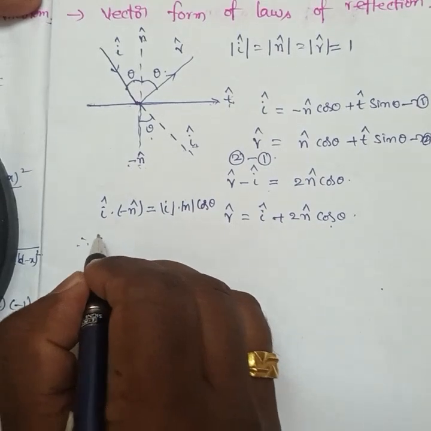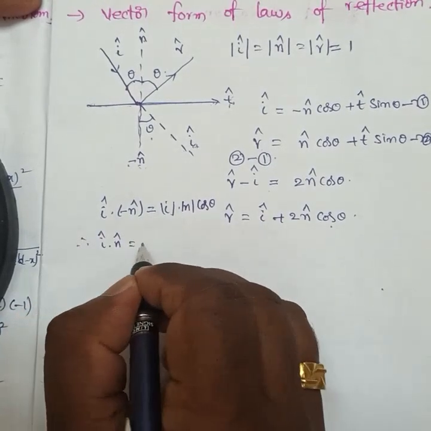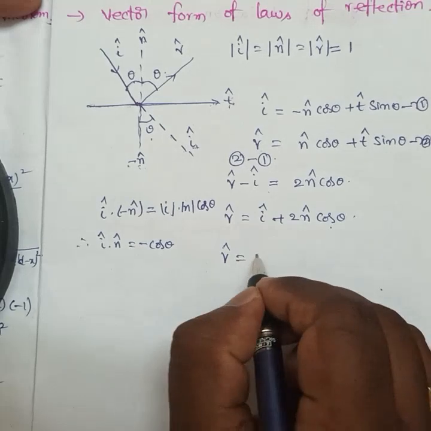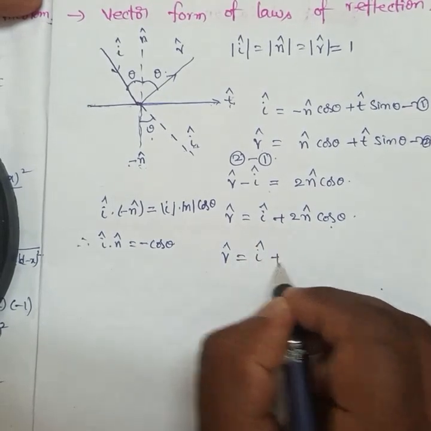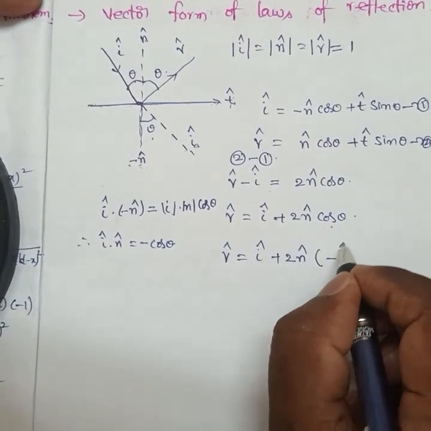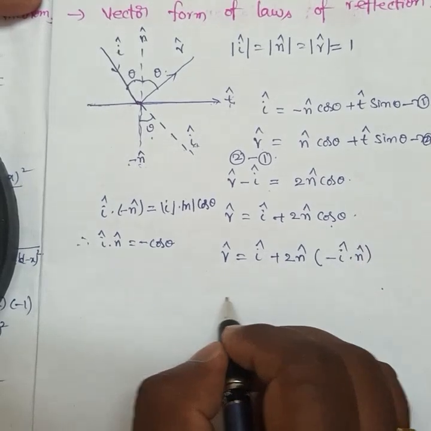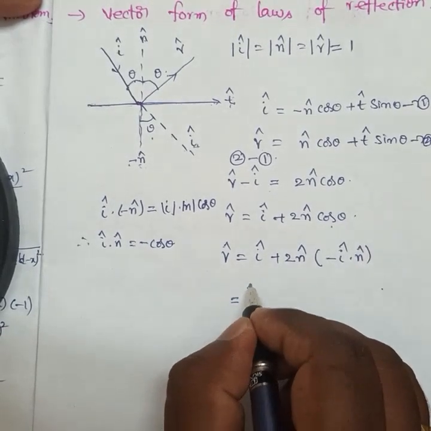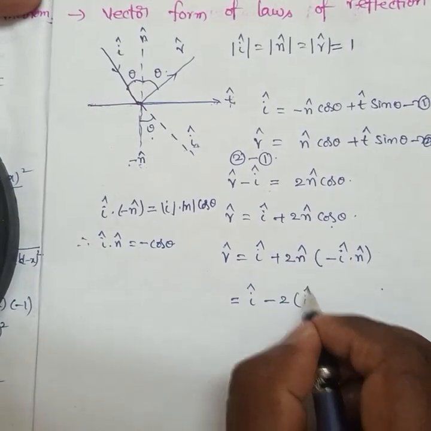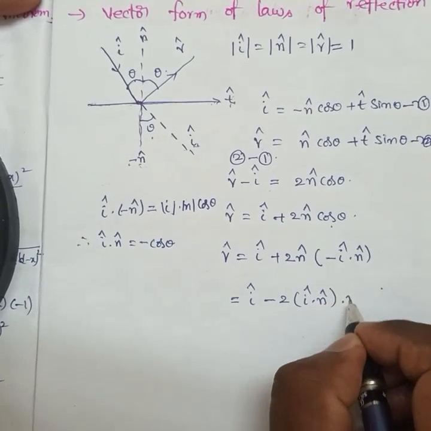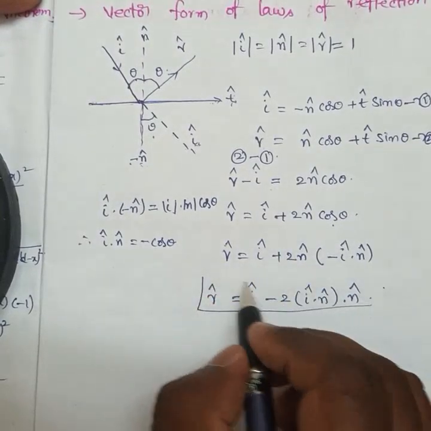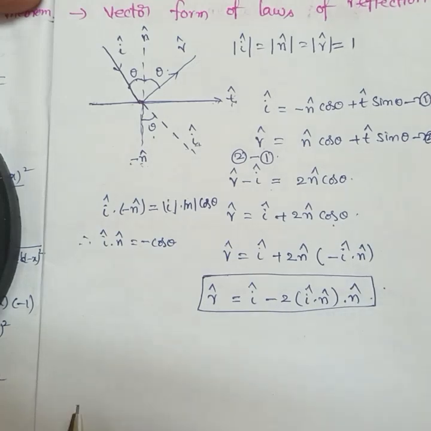Therefore I cap dot n cap equals minus cos theta, and substituting over here, r cap equals I cap plus 2 n cap times minus I cap dot n cap. So the final answer is r cap equals I cap minus 2 times (I cap dot n cap) into n cap. This is the vector form of the law of reflection.